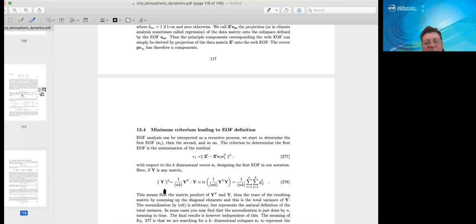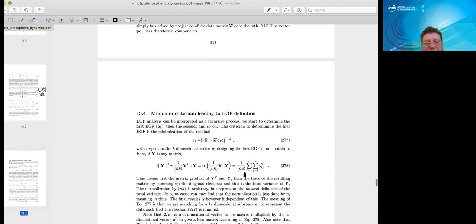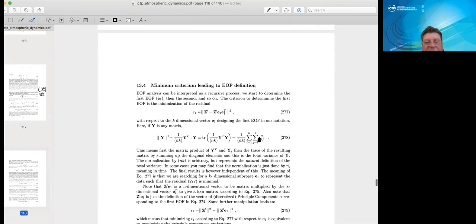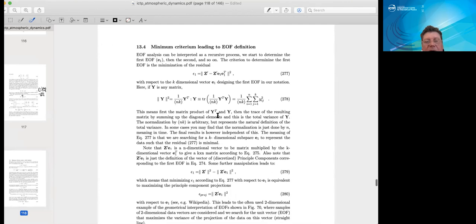And the meaning of this residual squared is that we have the variance. Essentially, we calculate the variance of these values. The variance of y in this case, so the variance of this difference. Now, it turns out, if you look in the textbooks, that this problem can be transformed into another problem.